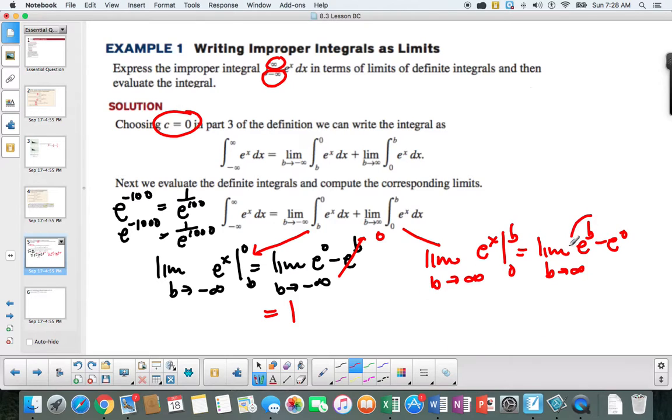Now right here we're going to have a problem because that is going to get large, and so this is going to go to infinity, and e to the 0 is 1, but that has hardly any effect on this whole process here. So this is not going to converge, so we say the whole integral diverges. It's not getting close to any particular number.